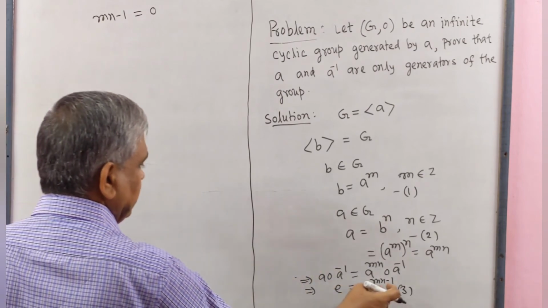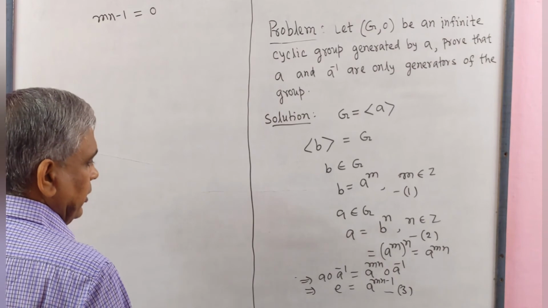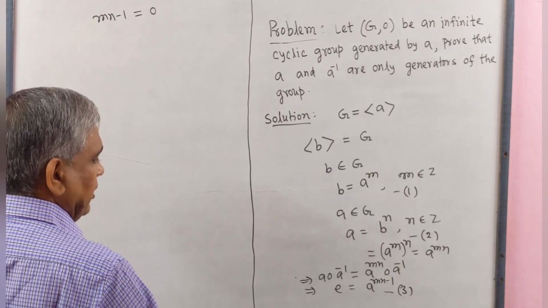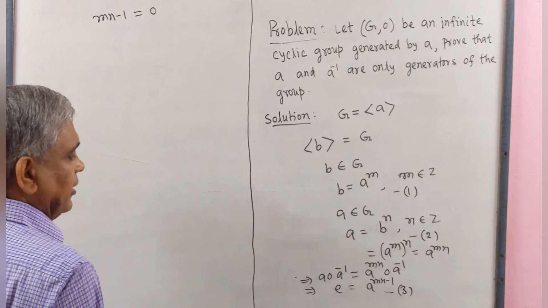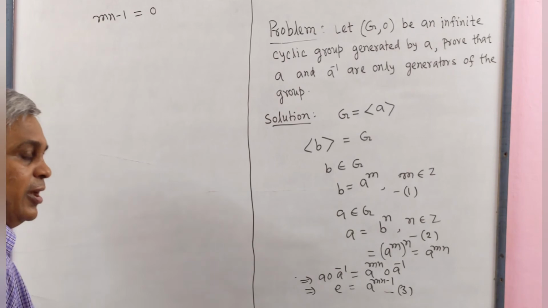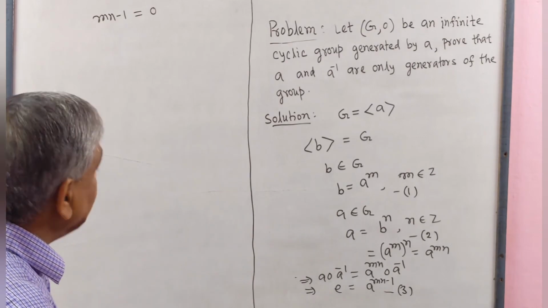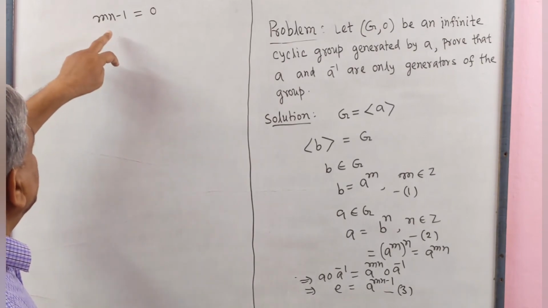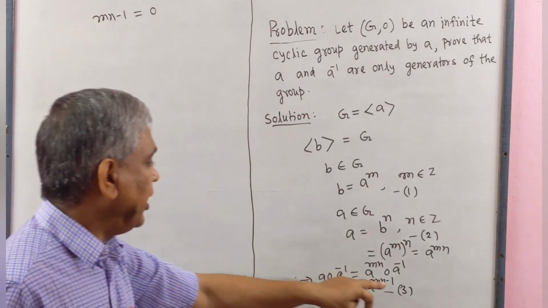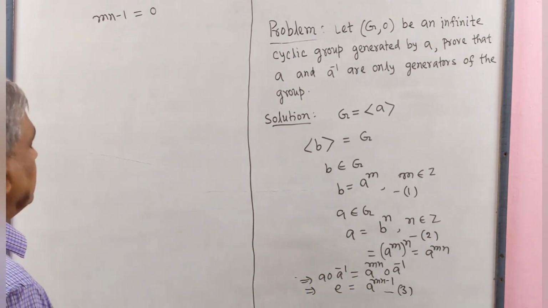If this is not equal to 0, then we get some finite power of A giving the identity element. In that case, the order of A will be finite. So the only possible case is that mn minus 1 is 0.